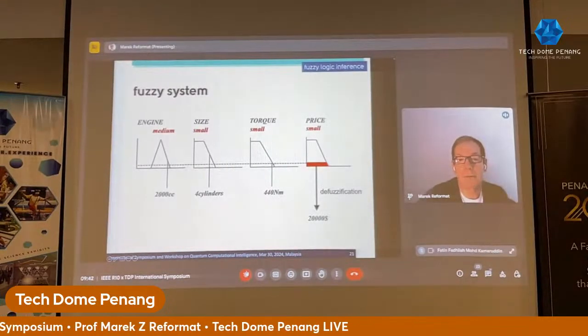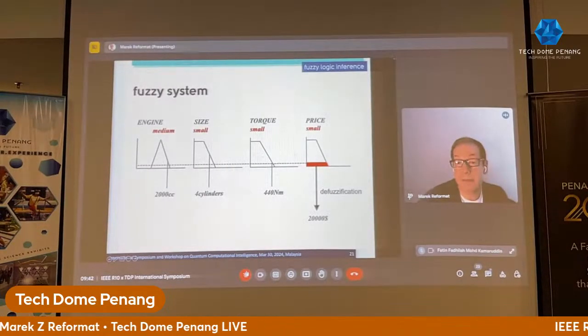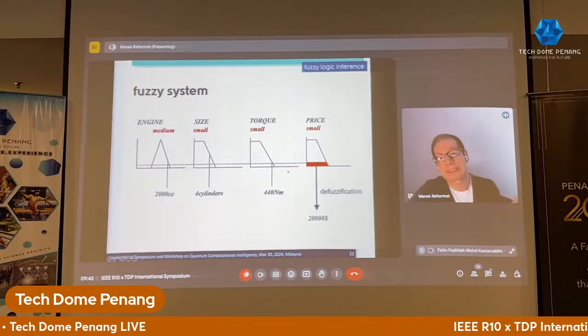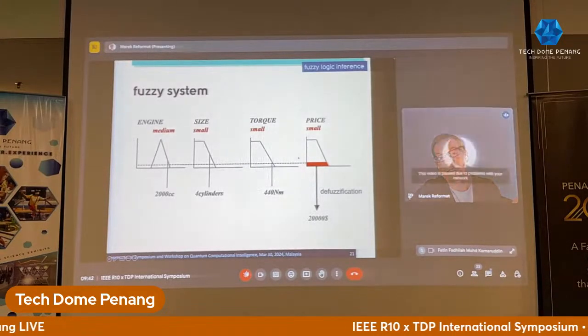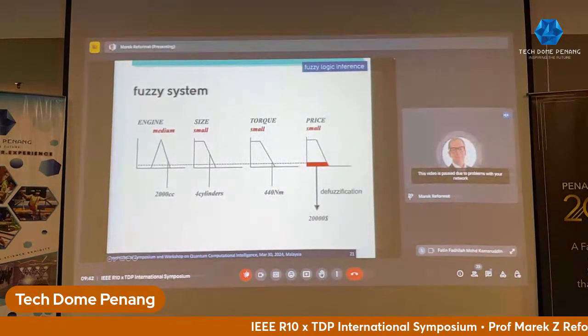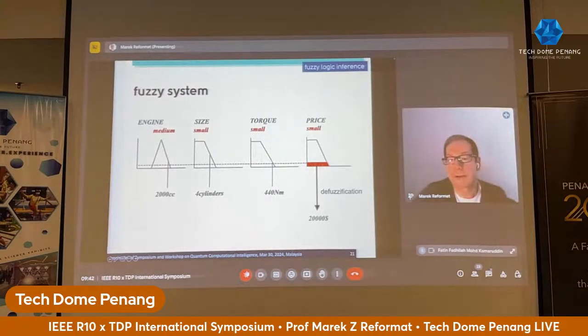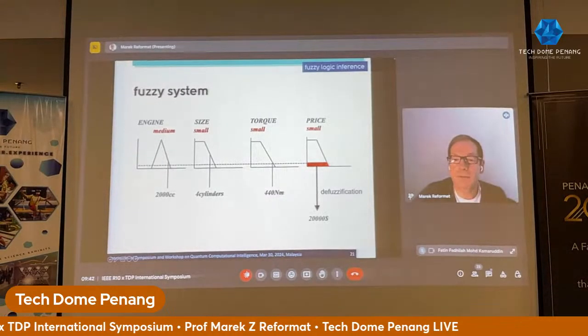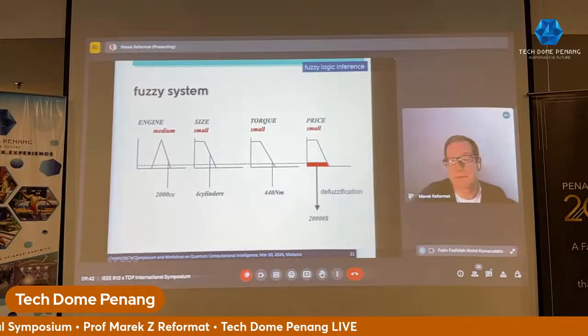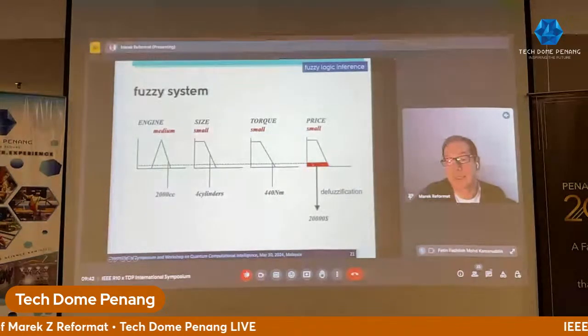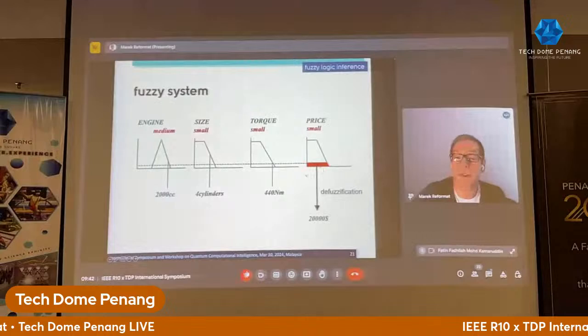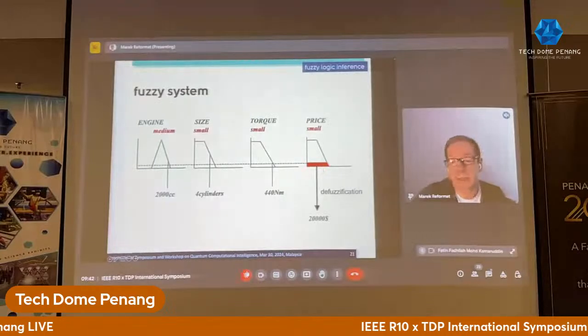And this minimum value of, let's say, 0.1, is translated and pushed towards the price. So right now, from that fuzzy set representing the small price, we have just a very small fraction of that fuzzy set activated. And then we use something which is called defuzzification.